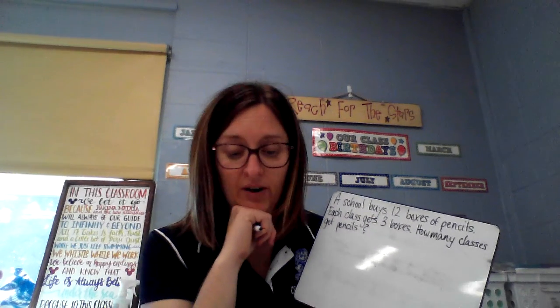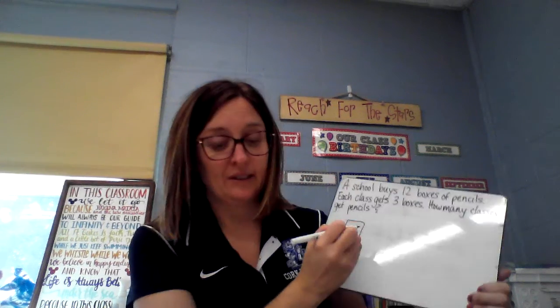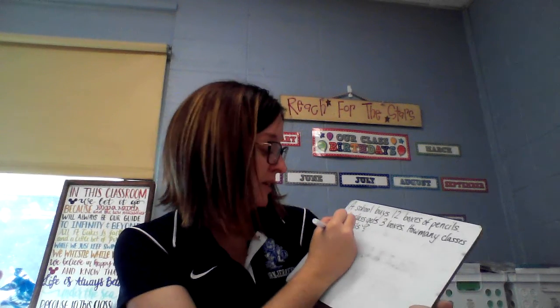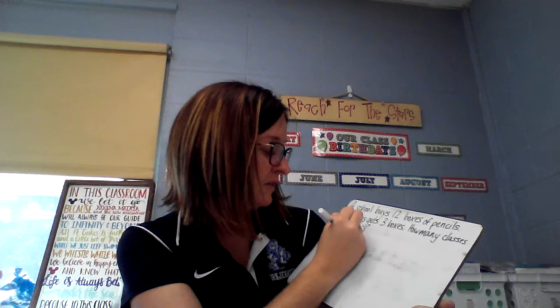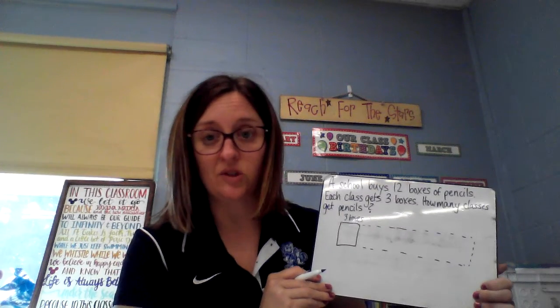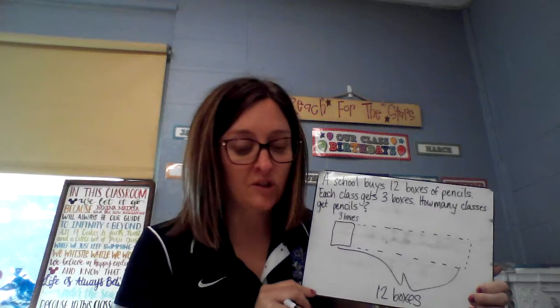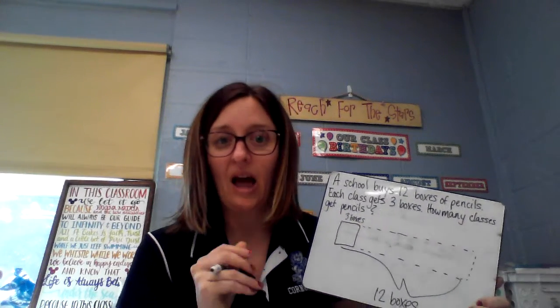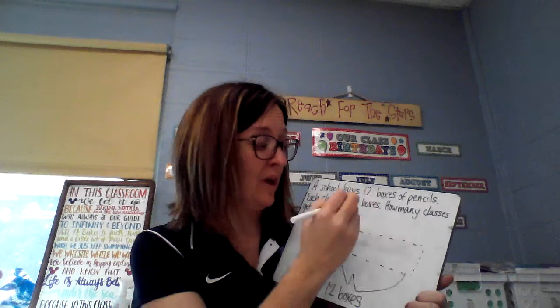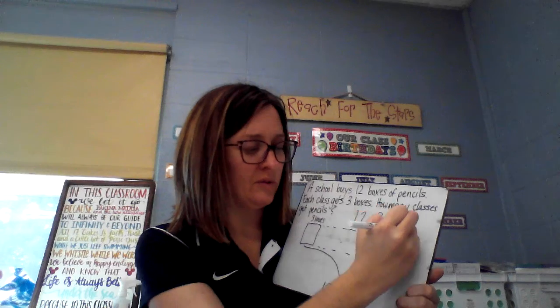So I'm going to draw a diagram, but it's going to look just a little bit different. I know the size of my groups is 3 boxes, and I know that I'm going to end up eventually with a total of 12 boxes given away. But I don't know exactly how many groups I'm going to end up with. So I am still doing 12 divided by 3 equals, we're not sure.